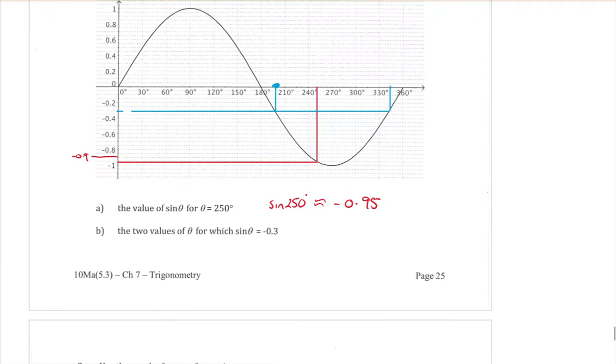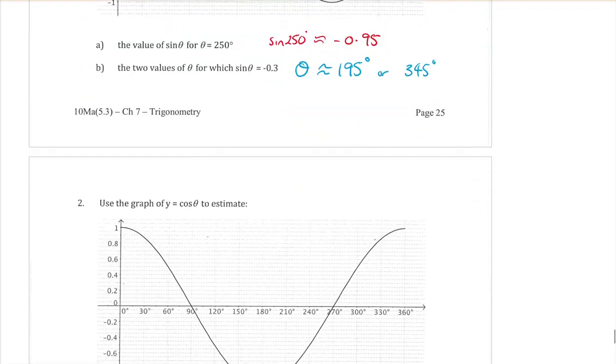So that's approximately 195 degrees. And the other one looks like it's pretty much on the line right in the middle as well, which would be about 345 degrees. And you could check those on the calculator to see how close you are. But as long as the lines that you've drawn on there look reasonable, that's how I would be marking them.